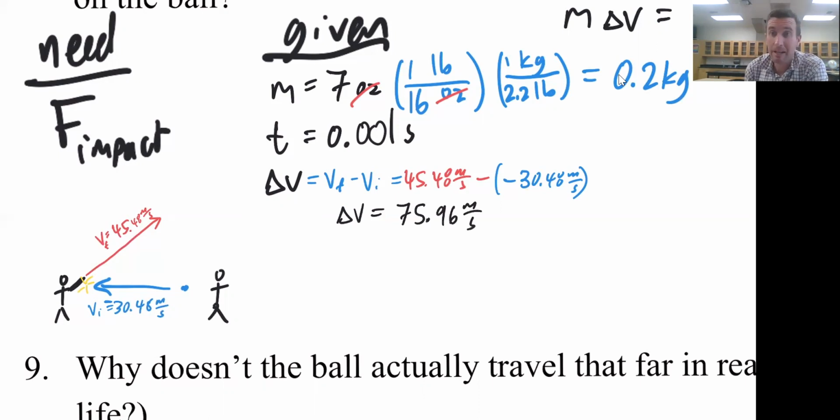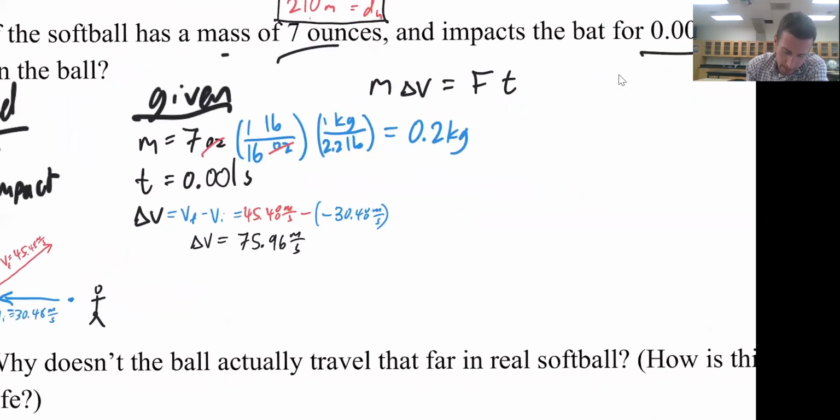Now you'll notice that's bigger than either of my other two because it's changed direction. Remember, bouncing leads to a greater change of velocity or a greater force, and that's basically what we have here. We have a bounce. So I should end up with a bigger number than either of my other two numbers because it's changed direction.